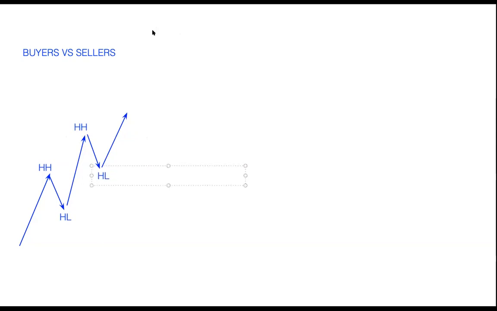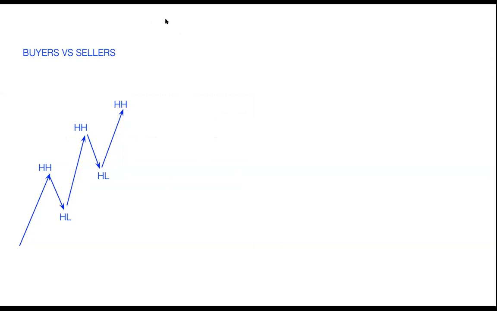Now, as long as the market continuously makes higher highs and higher lows, it is considered an uptrend. So if you're on a time frame and you're seeing consistent higher highs and higher lows, then you are in an uptrend.